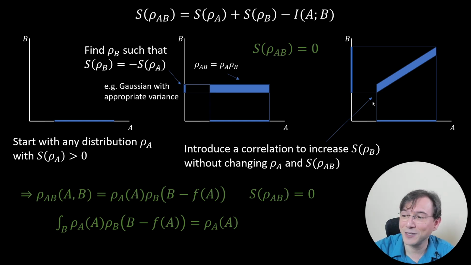And if we do that, the distribution along A remains exactly the same, and we're going to spread the distribution along B while not changing the entropy of the joint.